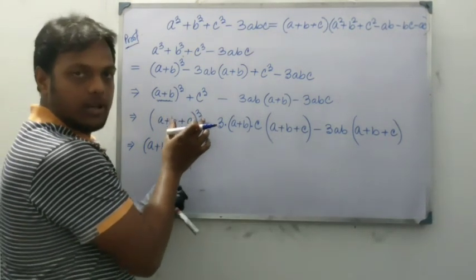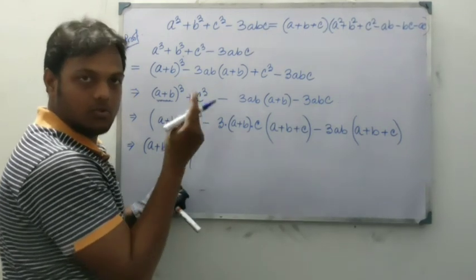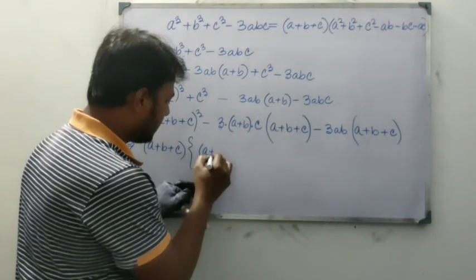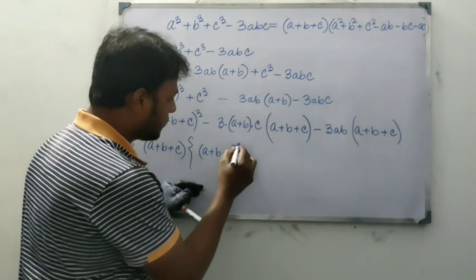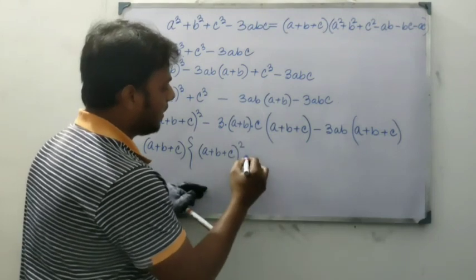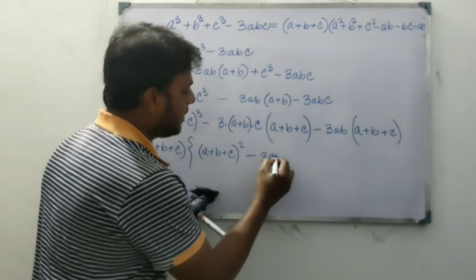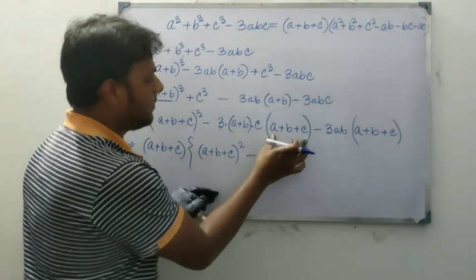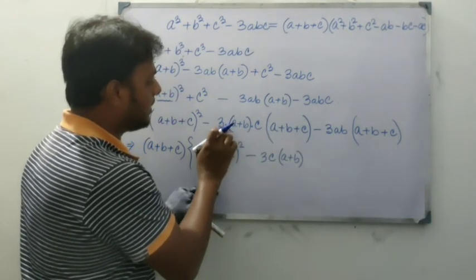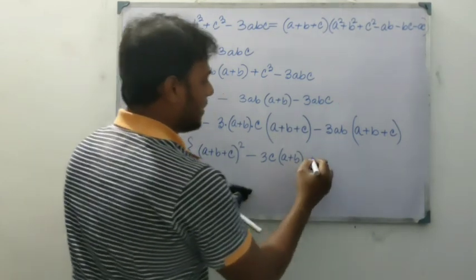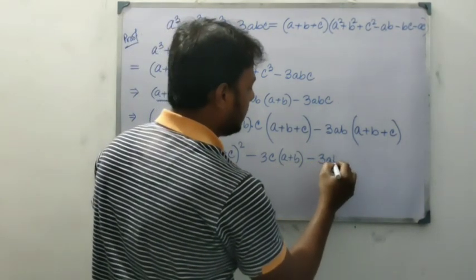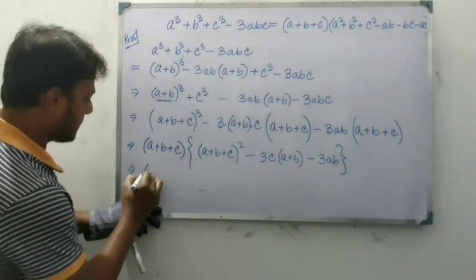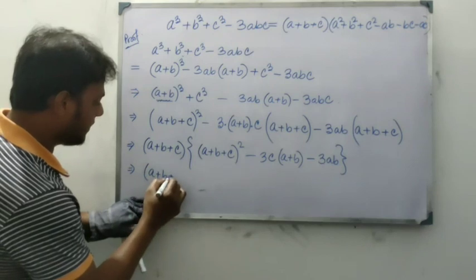There is a square, and we have taken a plus b plus c, so a plus b plus c will be there. So this is nothing but a plus b plus c whole square. Here will be 3c into a plus b for the second term. A plus b plus c taken common, and 3c into a plus b remains. For the last one 3ab will be left. Keep it unchanged, a plus b plus c.